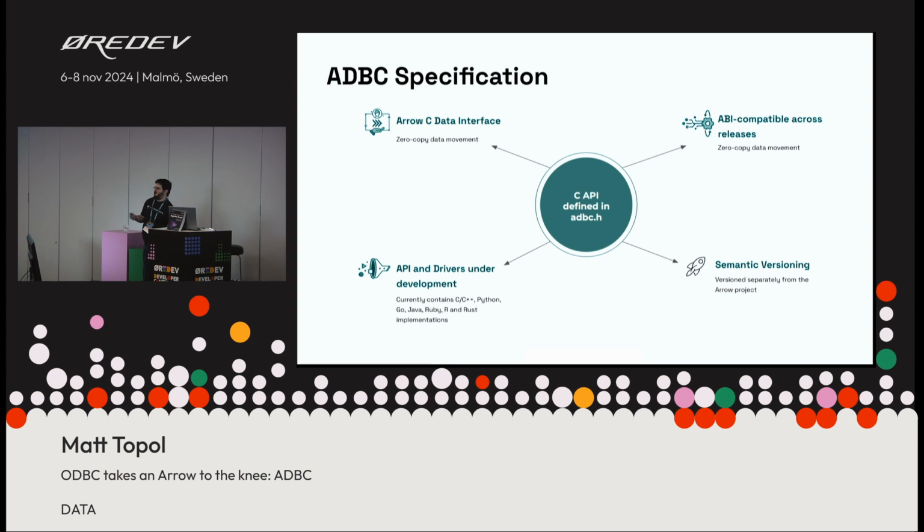Because Arrow specifies a C interface to enable you to pass data across the C interface without copying it. You're passing pointers. And that's why we leverage that in the ADBC definitions, so that you can eliminate those copies.